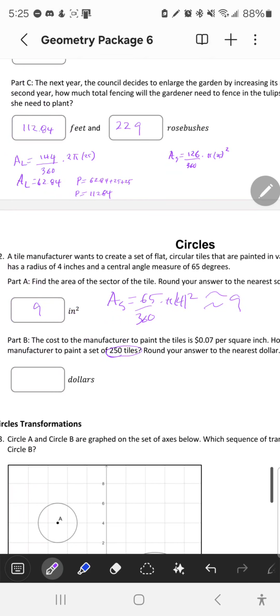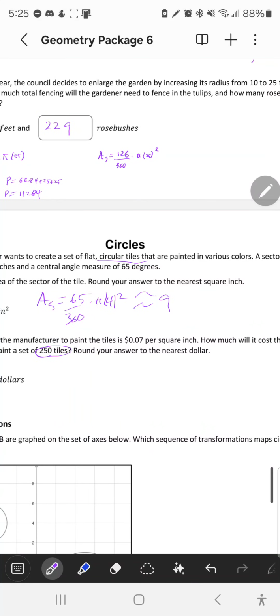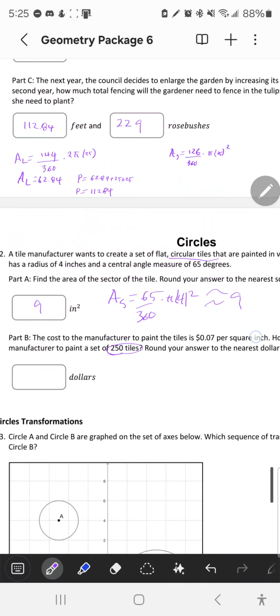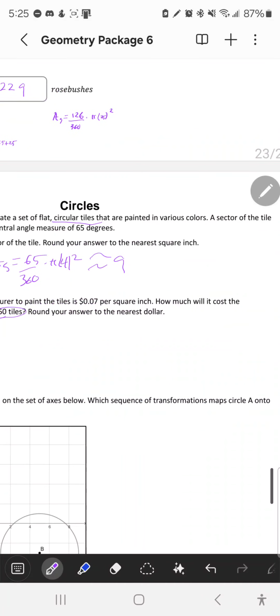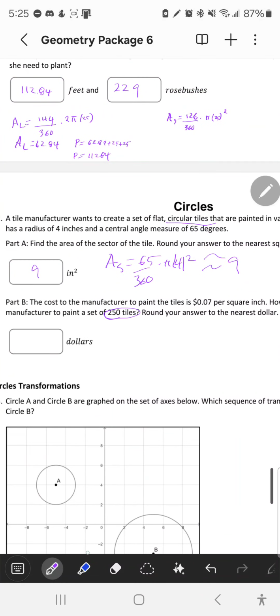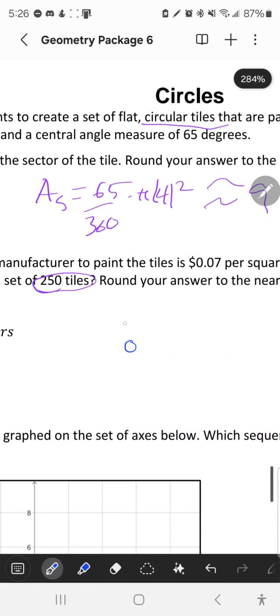So basically, circular tiles that are painted in various colors. What I understood is that, sorry, my English sometimes is not helping me, it will be one tile, and then around it will be another tile for another color.